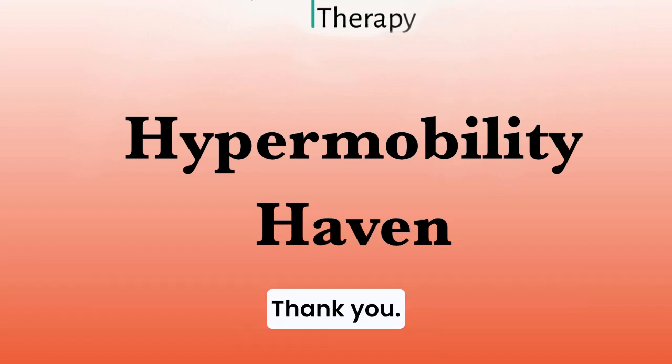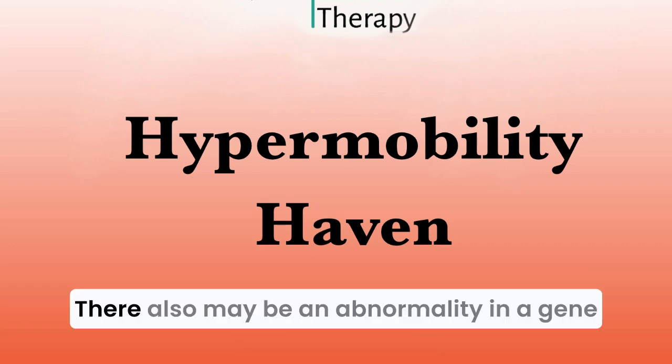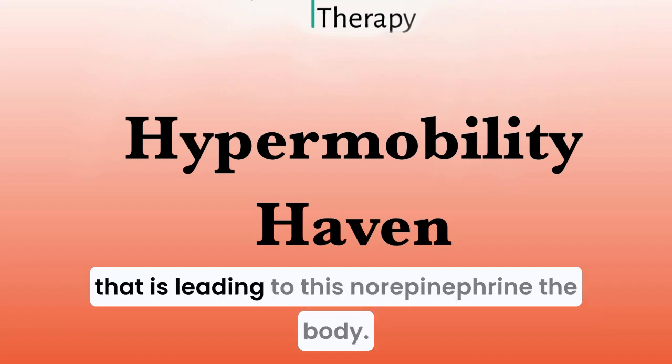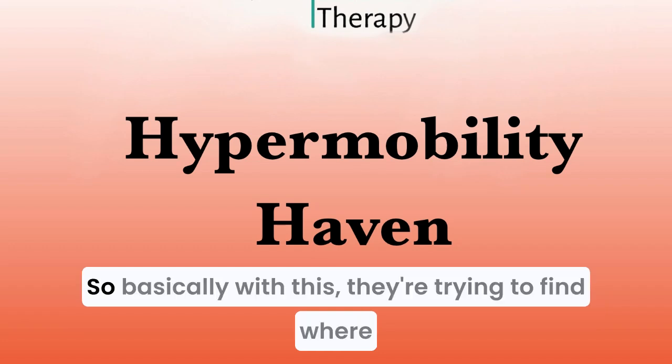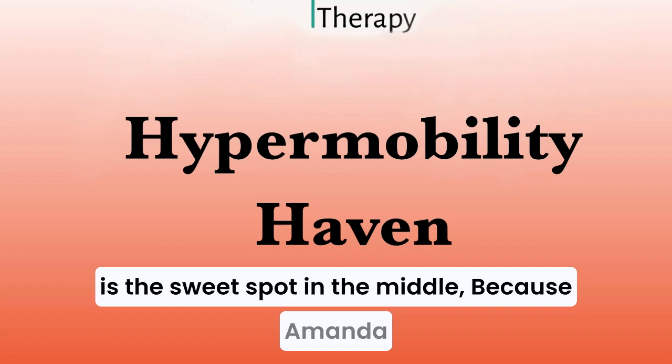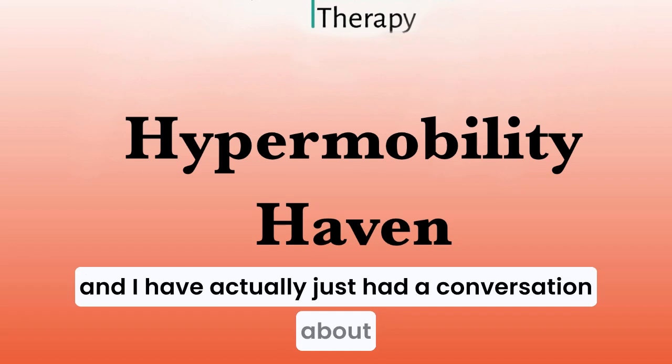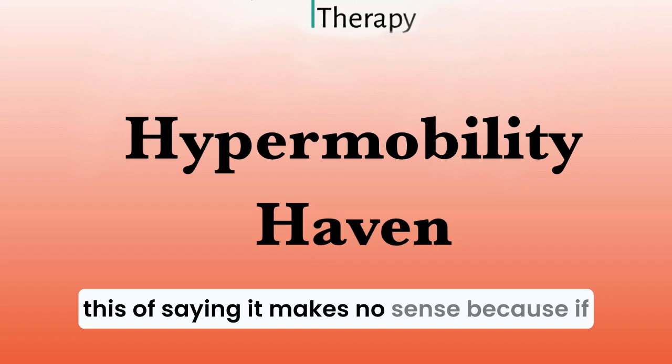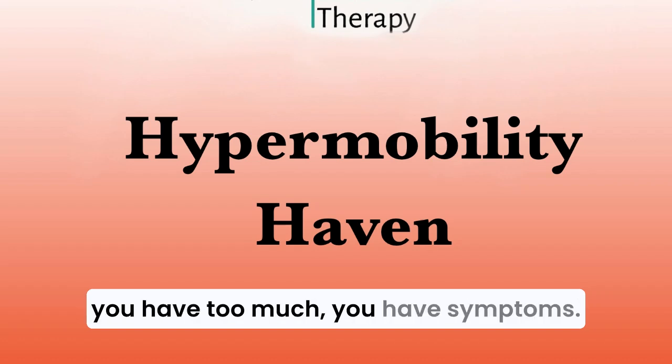Norepinephrine. Thank you. There also may be an abnormality in a gene that is leading to this norepinephrine in the body. So basically, they're trying to find where the sweet spot in the middle is, because Amanda and I have just had a conversation about this, saying it makes no sense, because if you have too much, you have symptoms.